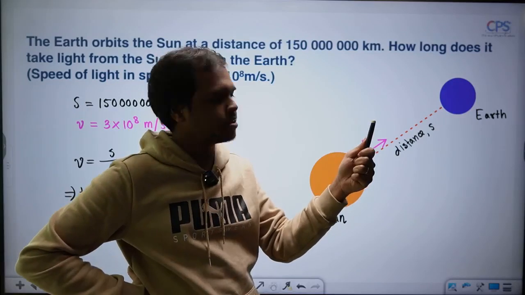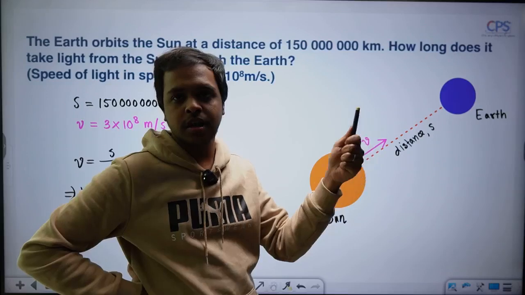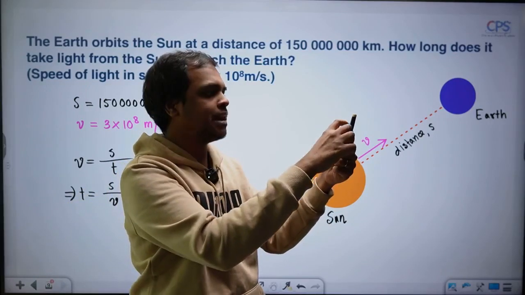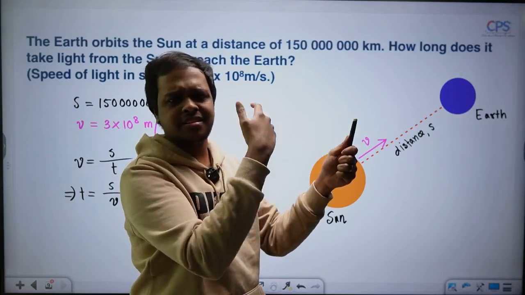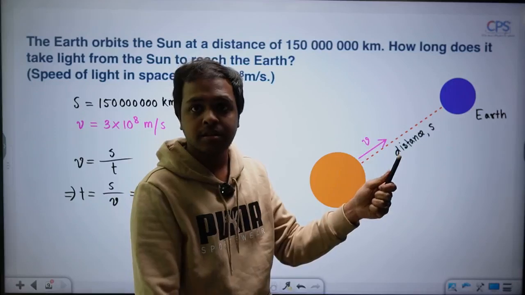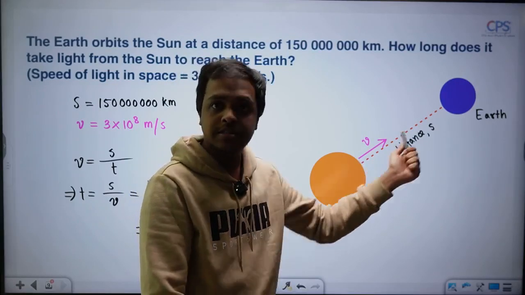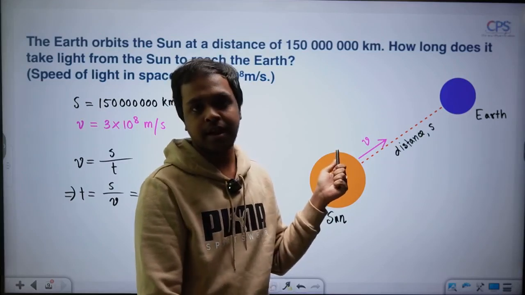But there is a catch. The catch is light is too fast. So for this pen, if any light just reflects to my eyes, the time is near zero or zero. But from Earth's point of view, from the sun, this is a huge amount of distance to be covered, and it takes time.